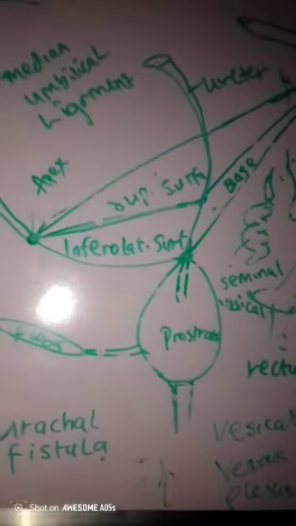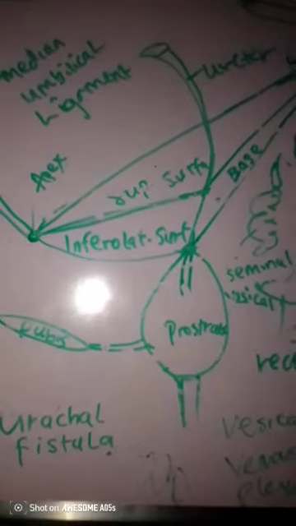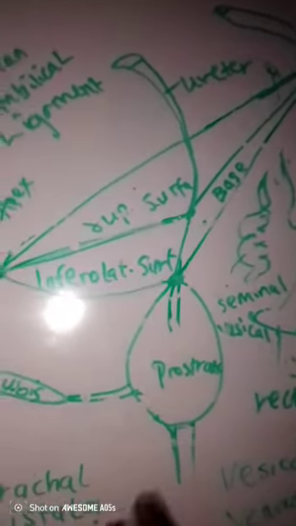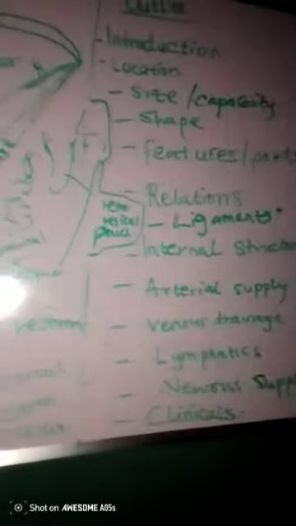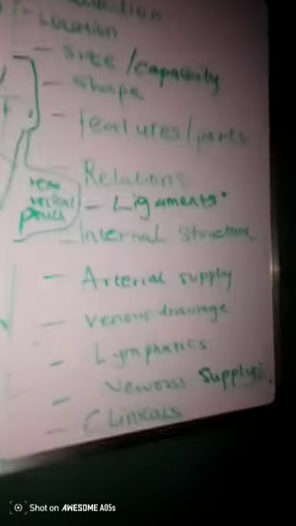The trigone of the bladder is bounded superoposteriorly by the two ureters and inferiorly by the urethral orifice, because we have one urethral orifice but we have two ureters, so we have two ureteric orifices. That is the superior boundary of the trigone of the bladder, and that's very important.